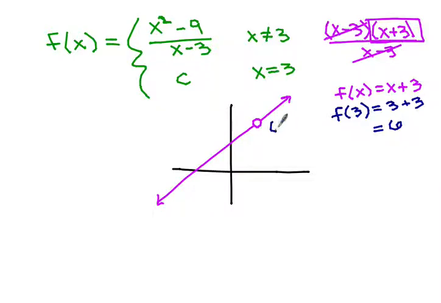That tells us this coordinate point is (3, 6), and so c needs to be what? 6. Okay? Y equals c, and c needs to equal your y value, so you can go back and plug this hole. Okay? So that's the discontinuity piece. You'll tell me the value of c, and you'll show me that graph.